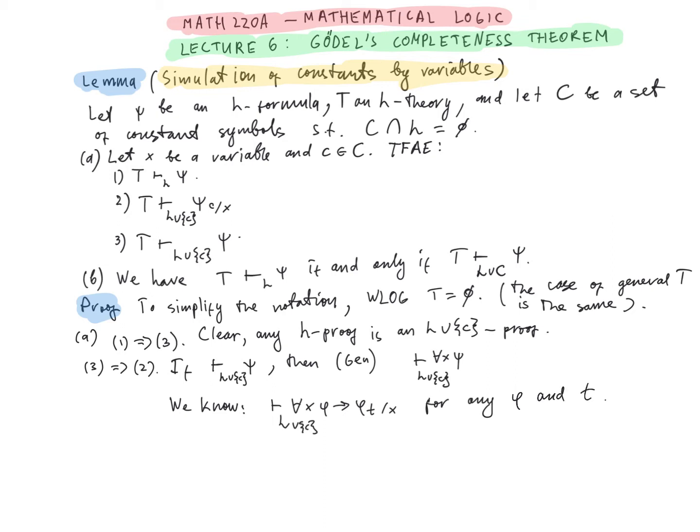In particular, we can apply it to our situation by taking phi to be psi and the term t to be the constant symbol c.